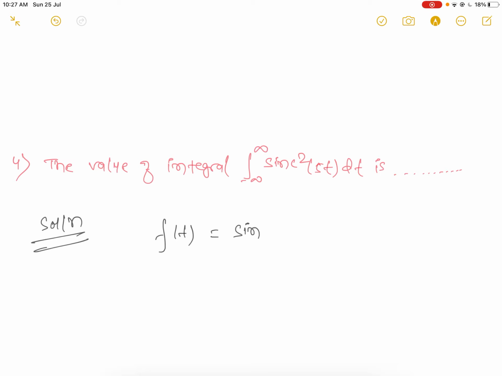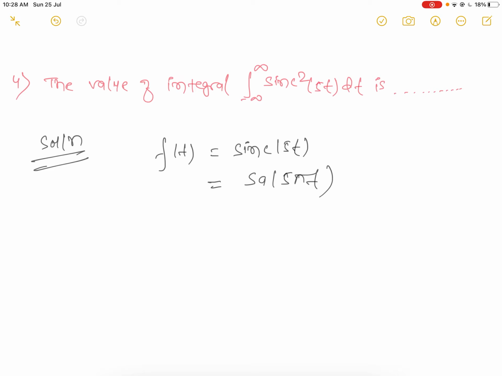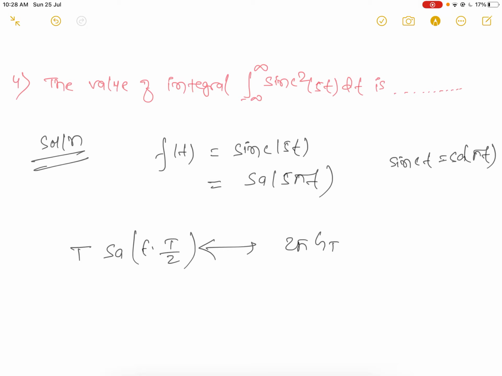sinc 5t. Okay, so we can say that this is nothing but sinc of 5 pi t, because sinc t is sin of pi t over pi t. Okay, so now the transform of sinc(T t by 2) is 2 pi g(T omega).